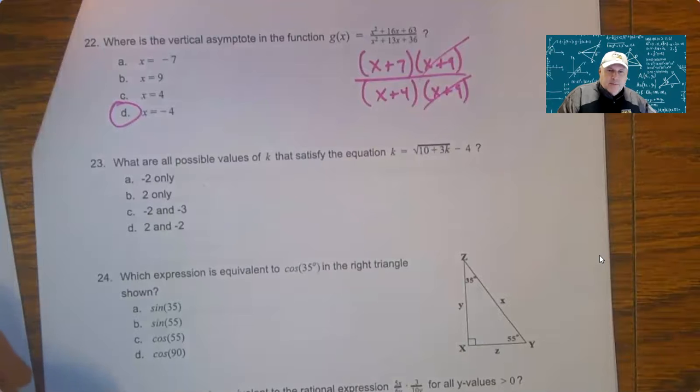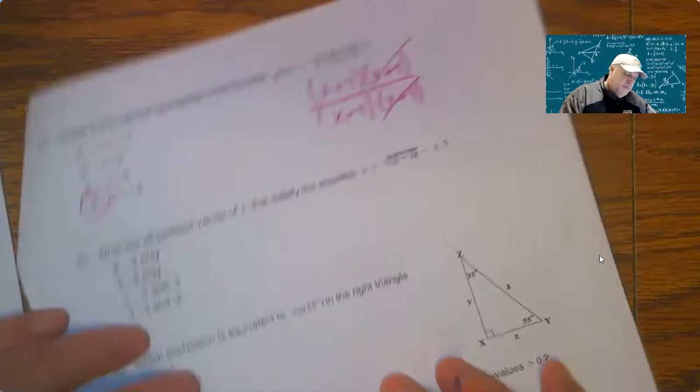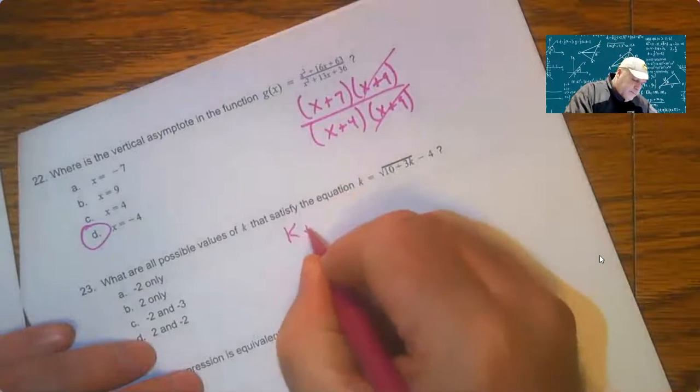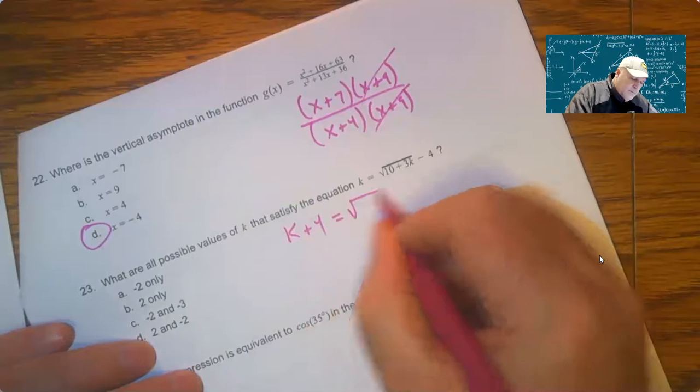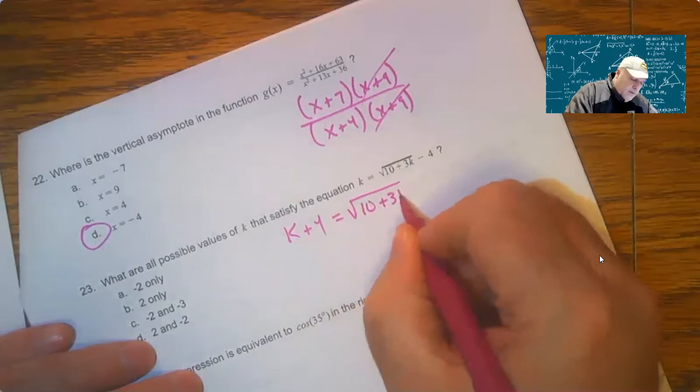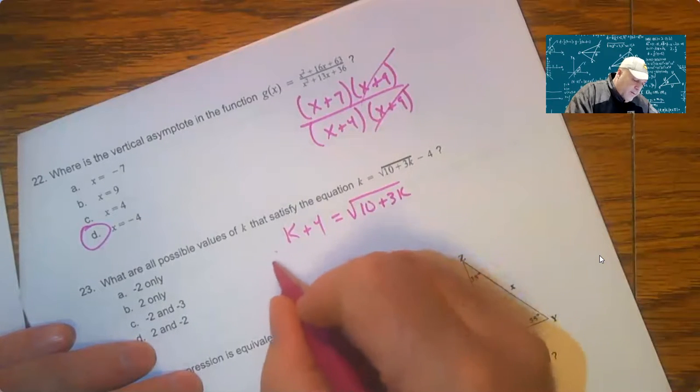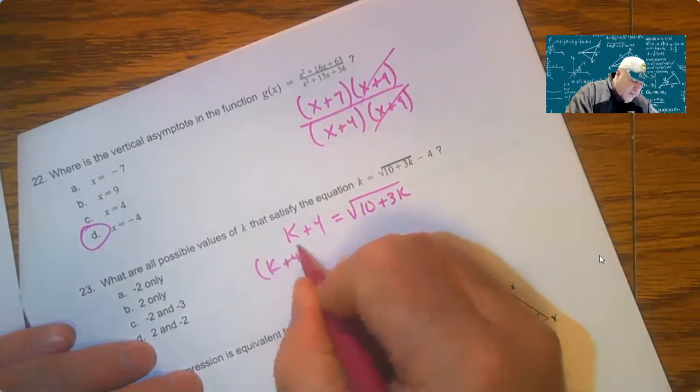Okay, what are all possible values of k that satisfy that equation? k equals, okay, so we need to add 4. And then we need to square both sides. So squaring the left is like this.